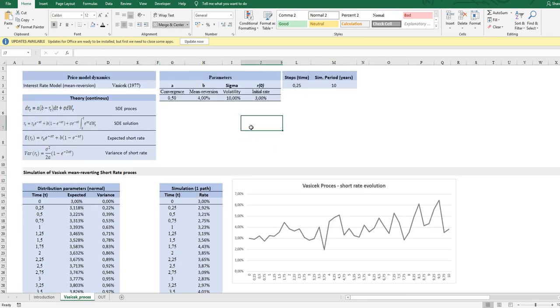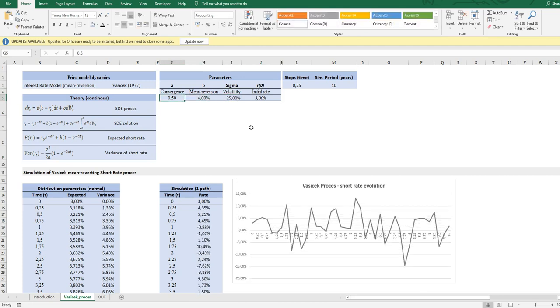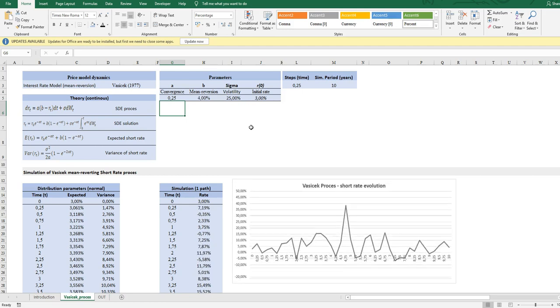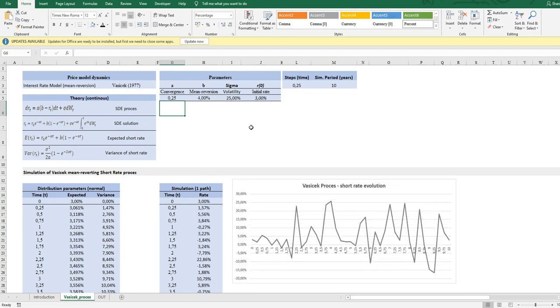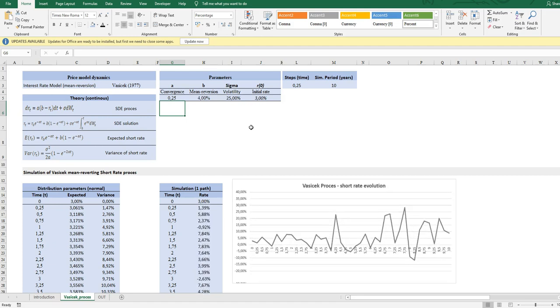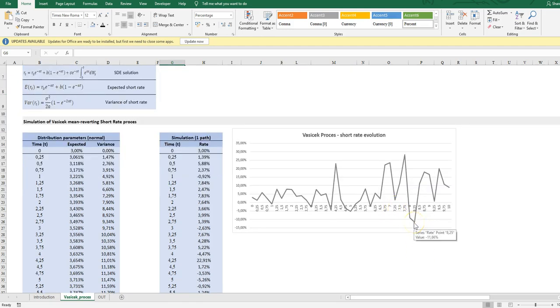We could try to change the volatility somewhat, and also the convergence. So the lower I put the convergence, the slower the reversion will be towards the mean reversion level. So let's just try to put it at 0.25, and we see larger tops and lower bottoms, and we also see from this the negative yield.